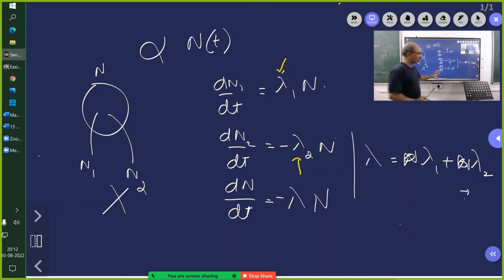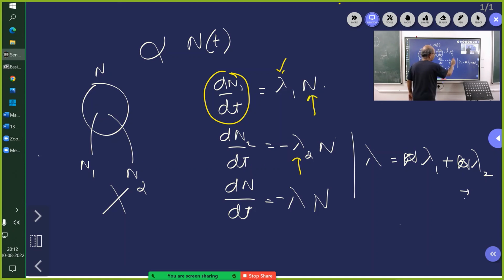See, the most important thing is that this decay depends upon how many constituents are there. Now visualize the reaction. Two reactions are taking place. So you can see many molecules, many nuclides.